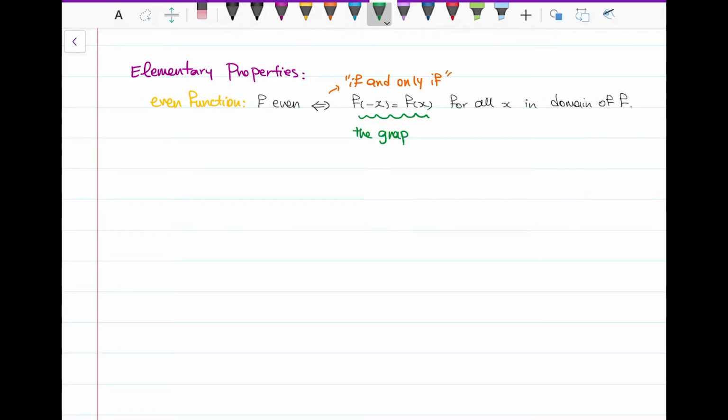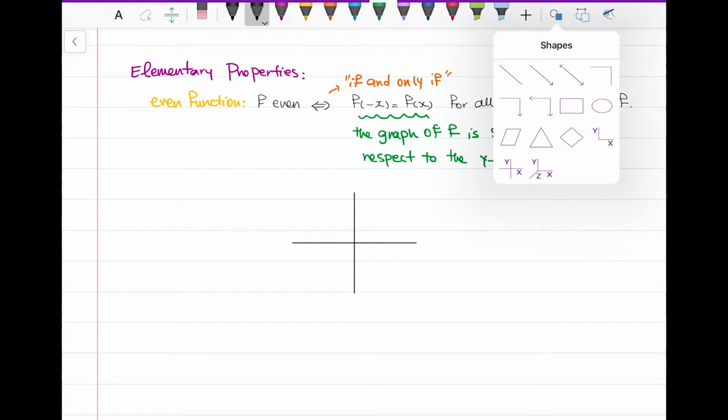The graph of f is symmetric with respect to the y-axis. As you see, the value of the function at these two different points, x and negative x, we get the same value. Let me give you two examples.